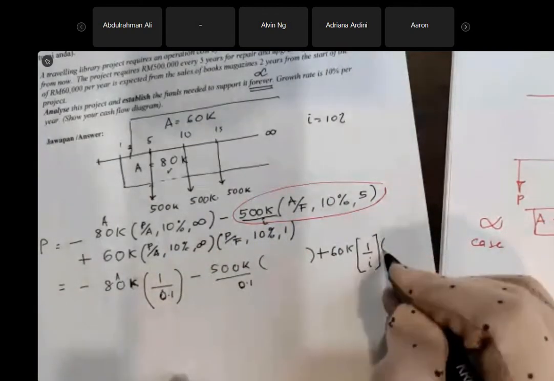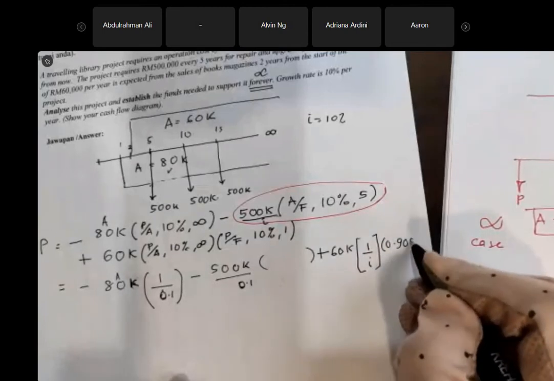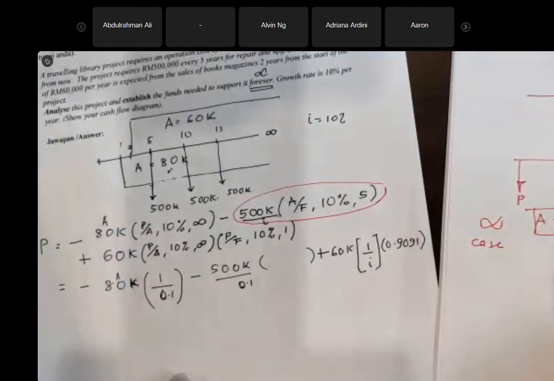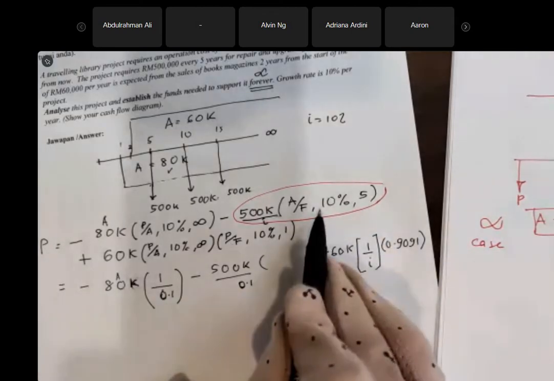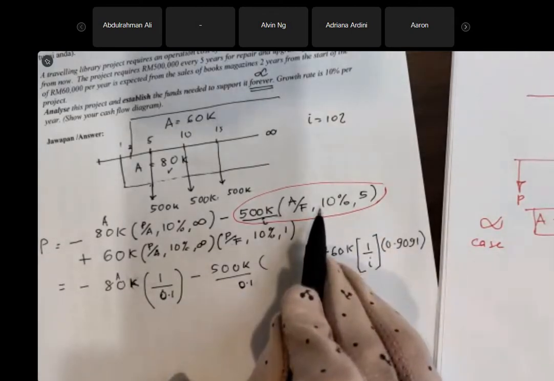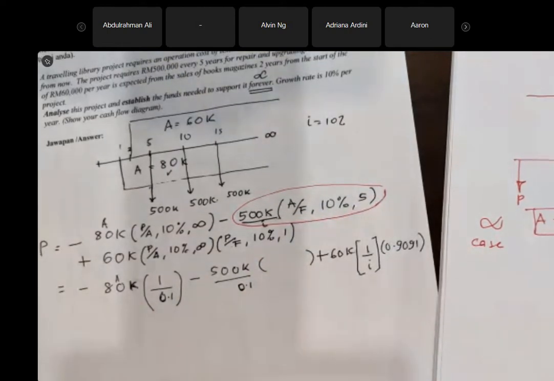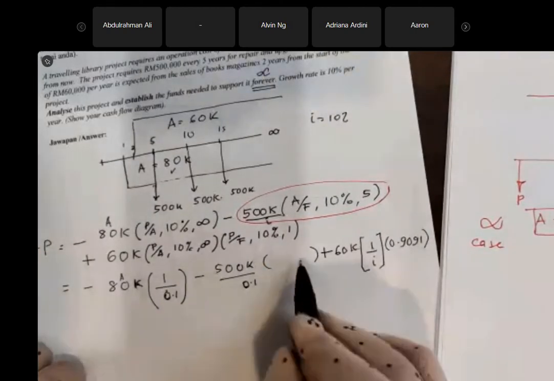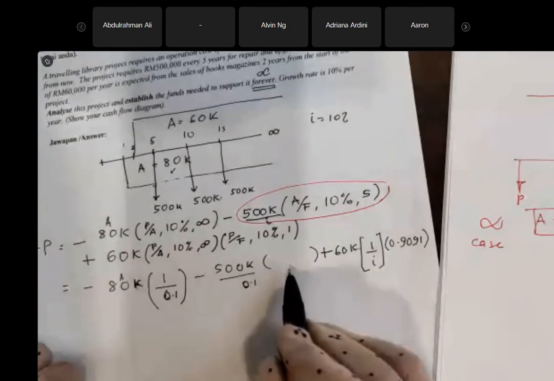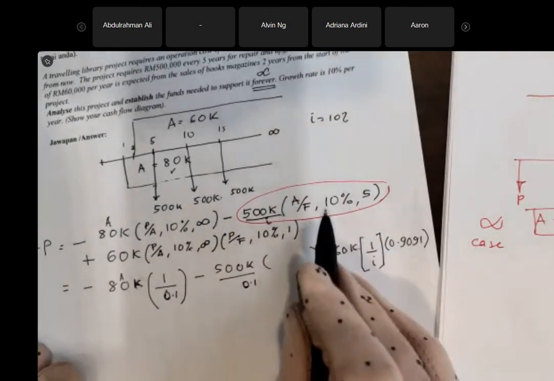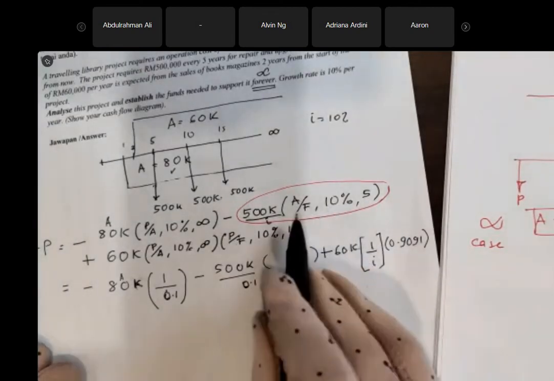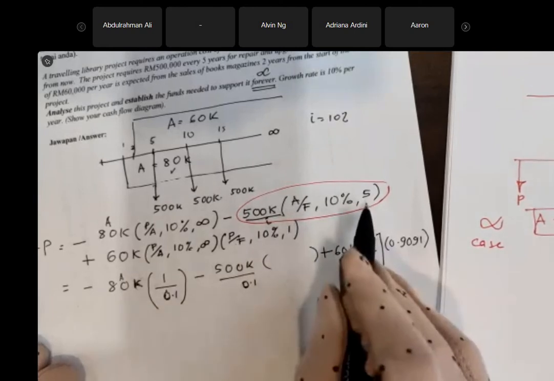Okay, ni nilai dia ialah 0.9091. Okay, tak apalah. Just find out this one, A over F 10%, 5. Boleh cari tak semua? Close.